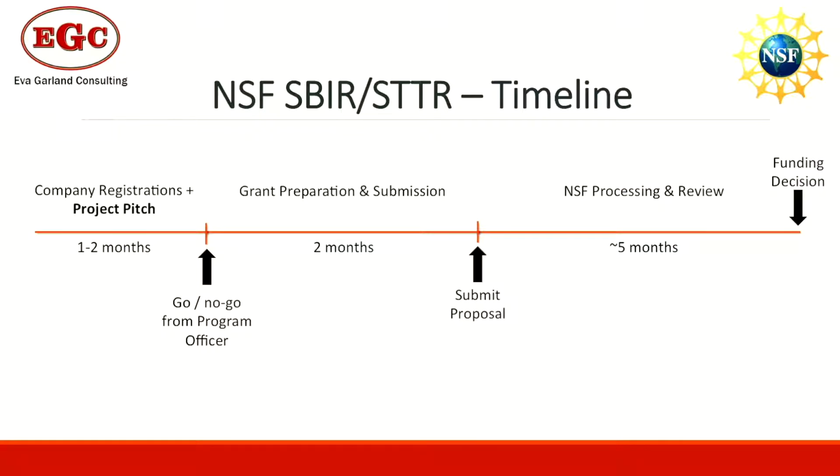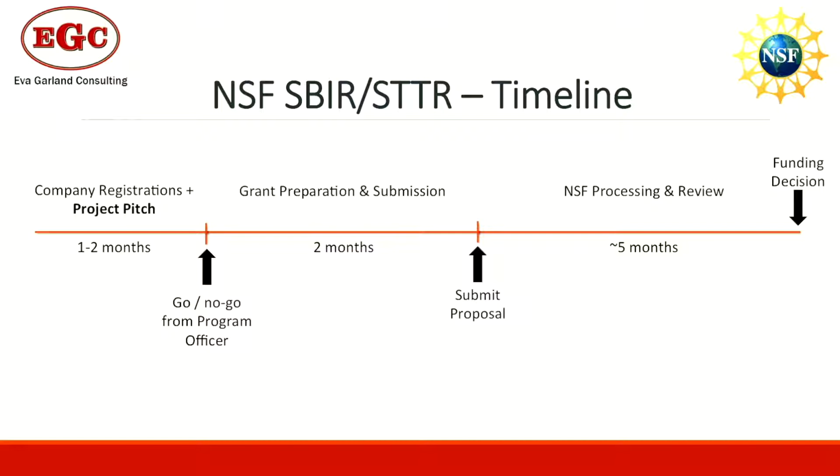The timeline for NSF: around 1 to 2 months to complete the company registration and also to submit your pitch. Then you'll get the go/no-go decision from the program officer to see if they invite you for the full application.